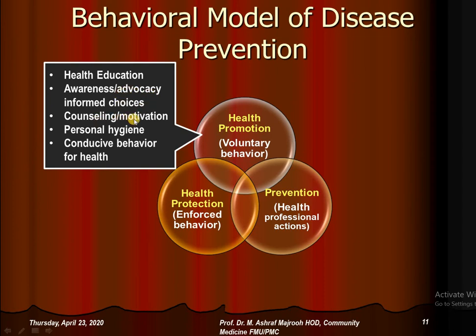And then counseling and motivation are the interventions related to health promotion, promotion of personal hygiene, behavior conducive for health. So the ultimate objective of health promotion is that the people should have control over the behavior, which is conducive for health.